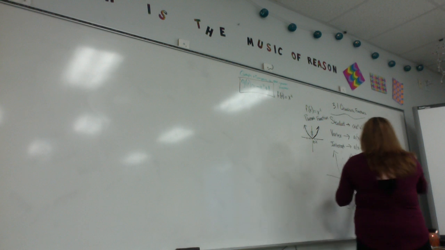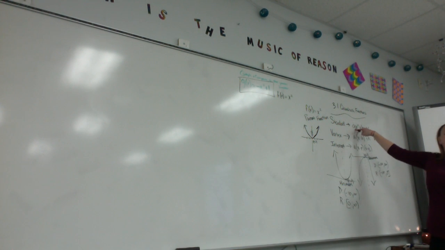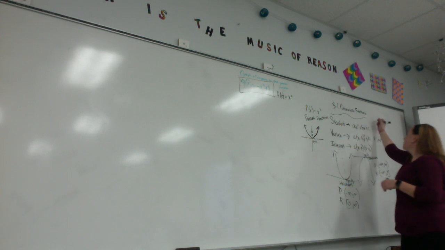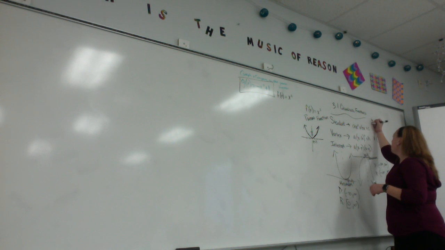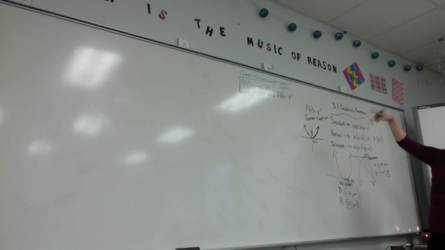If you have it in standard form, which is what it technically is in, ax squared plus bx plus c, there is no bx, right? That's where I get my vertex. The x for your vertex is the opposite of b over 2a. Well, there is no b, so it's 0.